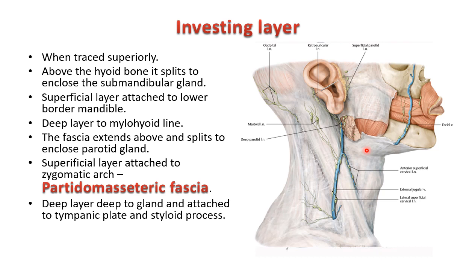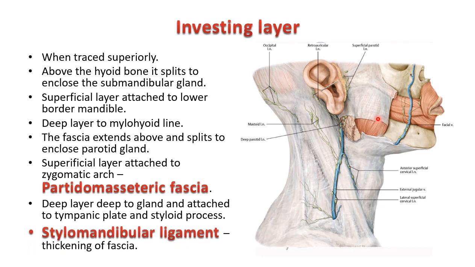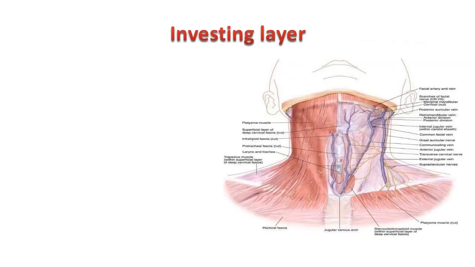The stylomandibular ligament is nothing but a modification of the investing layer of deep cervical fascia. Here you should remember the tough parotidomasseteric fascia on top of the parotid gland and the masseter muscle. That is mainly the superior attachments of the investing layer of the deep cervical fascia.